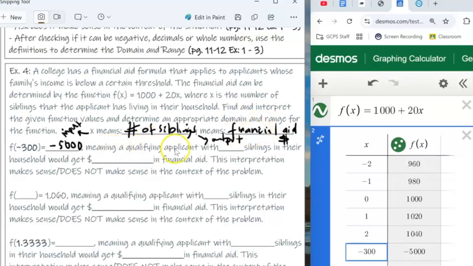Okay, so meaning a qualifying applicant with negative 300 siblings in their household will get negative $5,000 in financial aid. And this interpretation does not. So you can either say makes sense or does not. So I'm going to go ahead and circle does not make sense in the context of the problem. I can't have negative 300 brothers and sisters. That doesn't make any sense. Okay, so it does not.